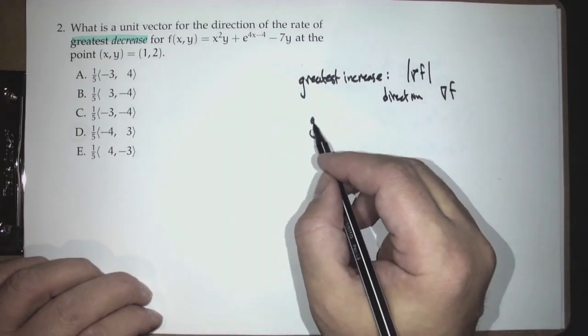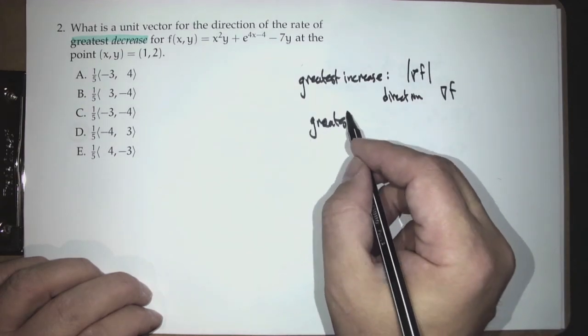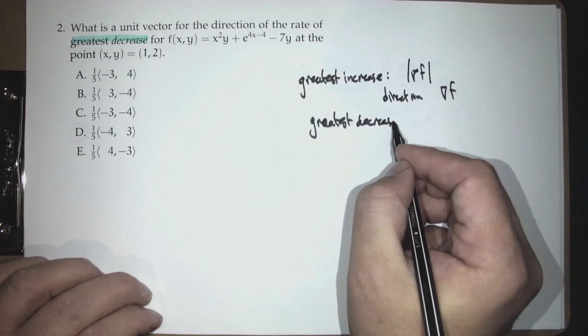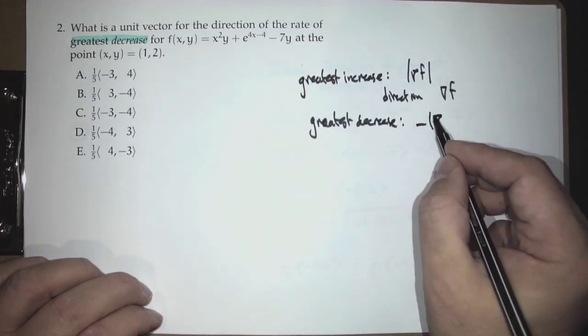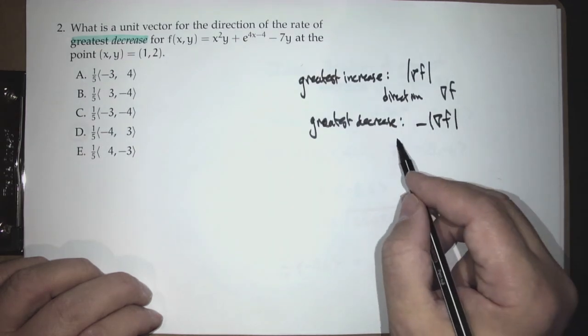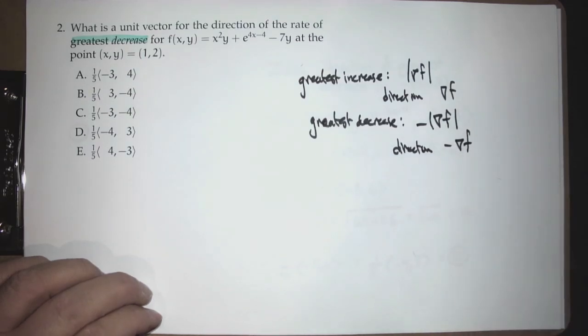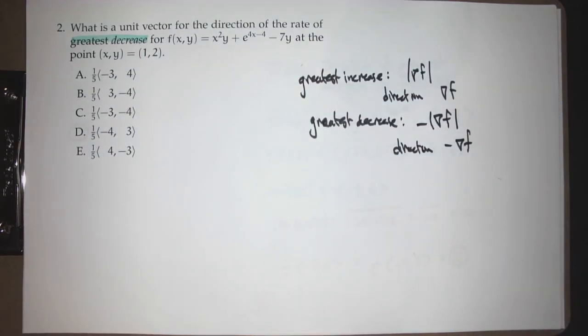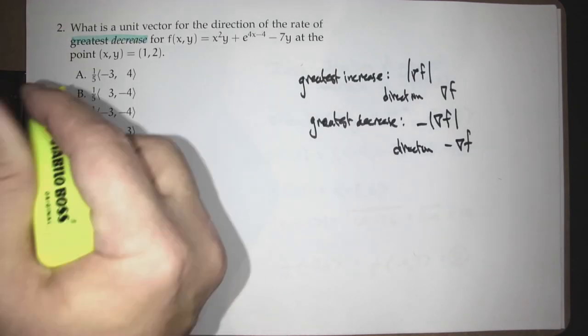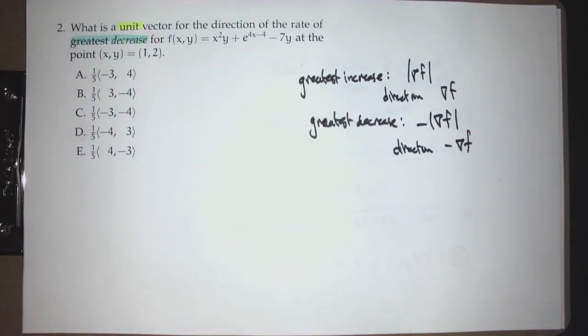If we want greatest decrease, then essentially it's negative. The negative of the magnitude is the value, and the direction is negative the gradient. Now there is another word to pay attention to, and that's this word, unit.